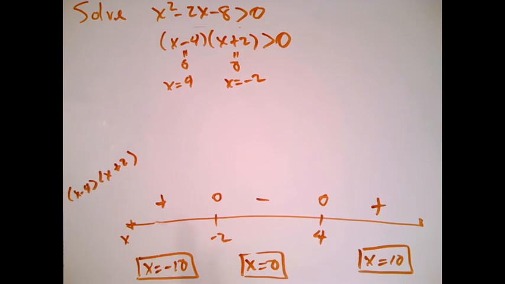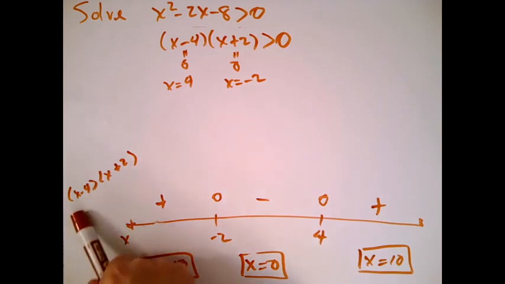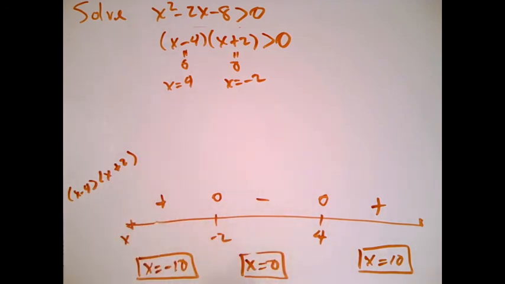I'm not saying that 0 is a negative number. I'm saying when I plug 0 into here, I get a negative answer. But that's then going to tell us that no matter what number I plug in here between minus 2 and 4, I'm going to get a negative answer. Same out here. When I plug in 10, I get a positive answer. That's actually going to tell us that no matter what number I plug out here, I'm going to get a positive answer.